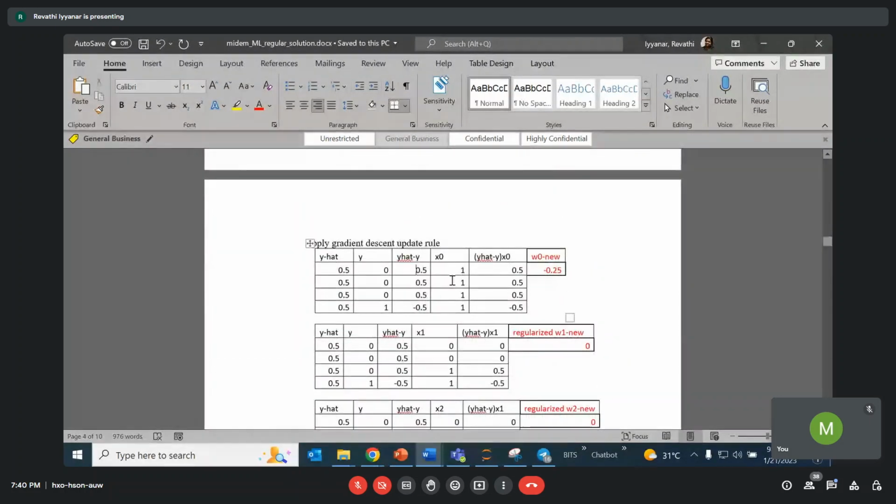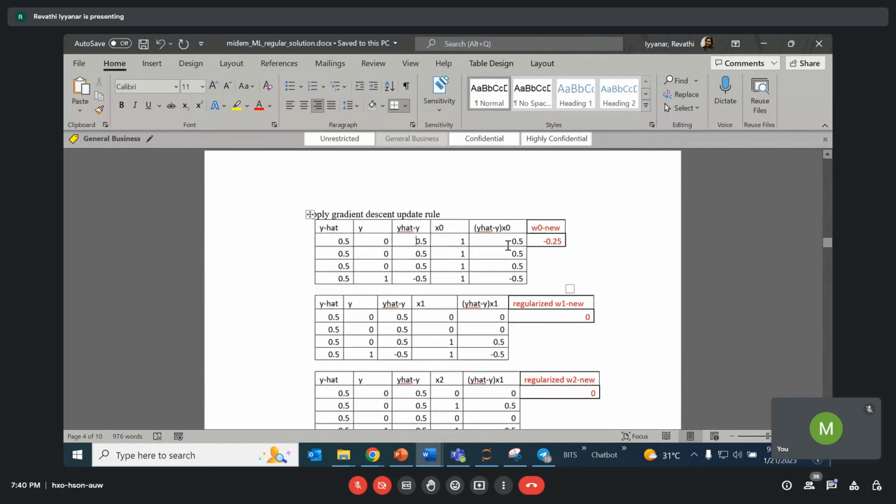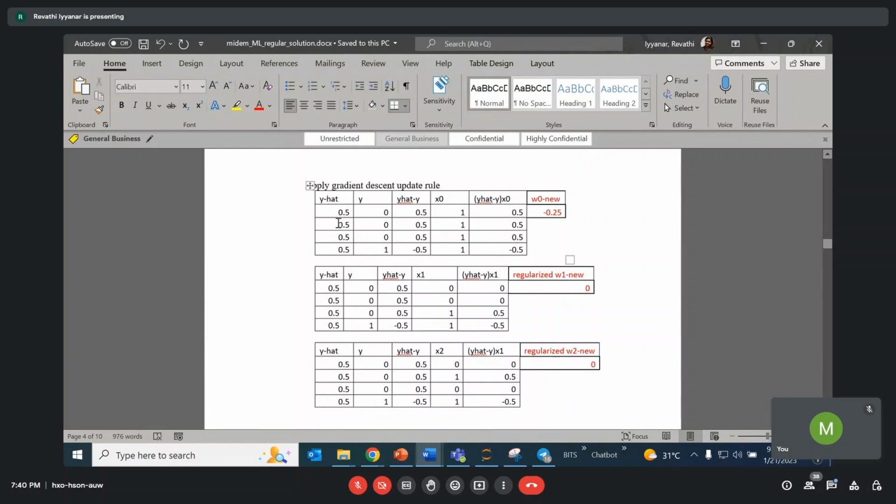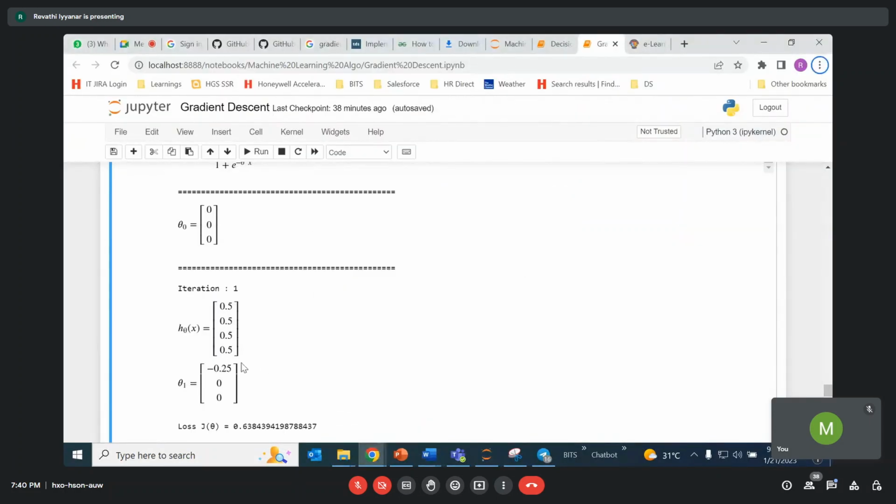Then we have to do the subtraction and initialize with x naught. For this one, I think we should at least have an Excel formula ready to fill. Maybe this one we can directly take from the program, like minus 2.5.